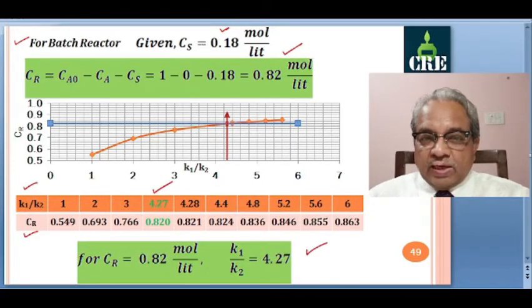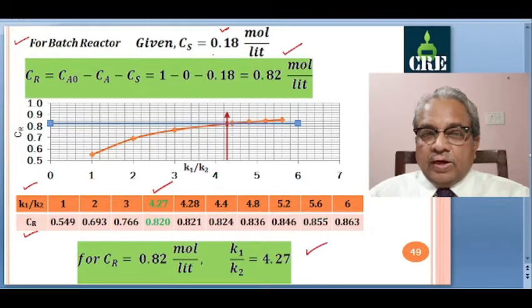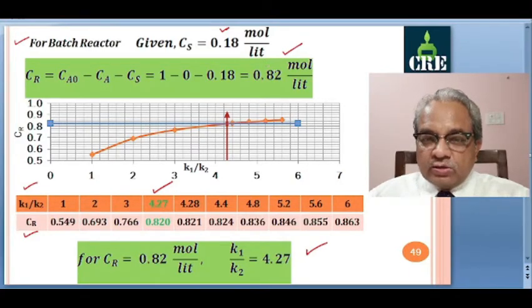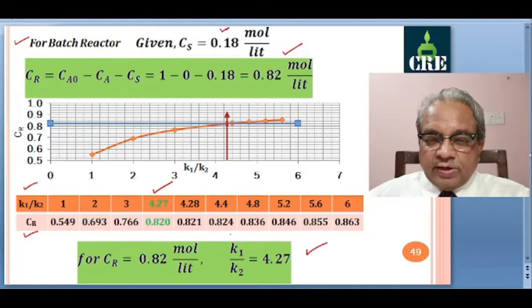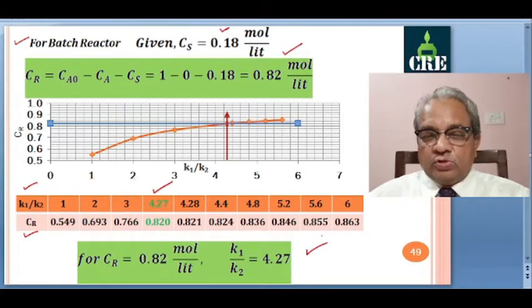So in the batch reactor, when you start with 1 mole per liter and obtain Cs equal to 0.18, we find that Cr obtained is 0.82, and to get this 0.82 I have to maintain K1 by K2 as 4.27. Here K1 is 4.27 times K2, which is very high, so we are getting maximum R.